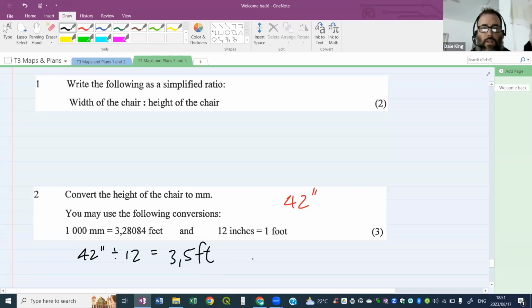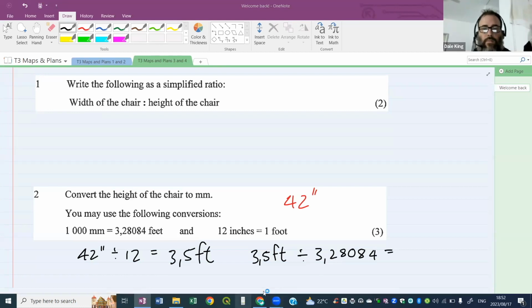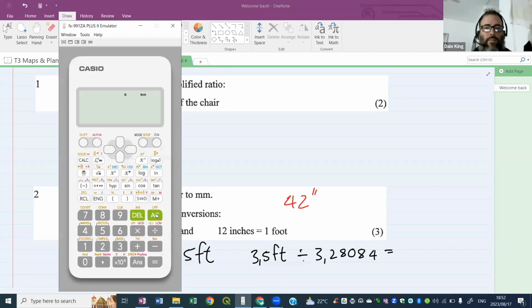Now what do I do? Now what you're going to do with the 3,5 feet, you're going to multiply it by... I think you're going to have to... I want to know how many 3,28084s are in my 3,5. Oh, it means we should divide it by 3,28084.